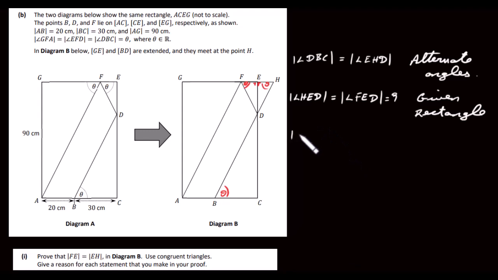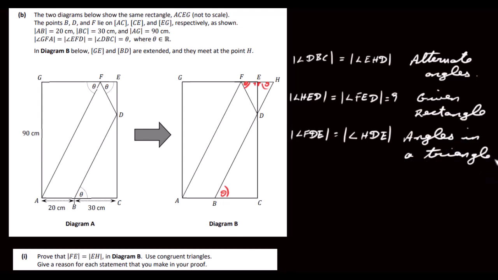So we're going to say that angle FDE must be equal to angle HDE. And we could just say something like angles in a triangle. Okay, so we've shown that also this angle here is equal to this angle here. Now we've shown they're similar but not necessarily congruent.